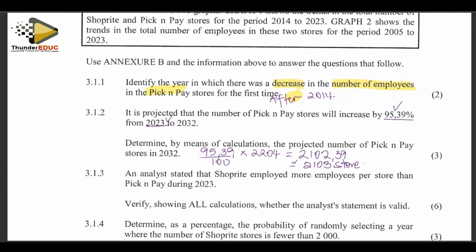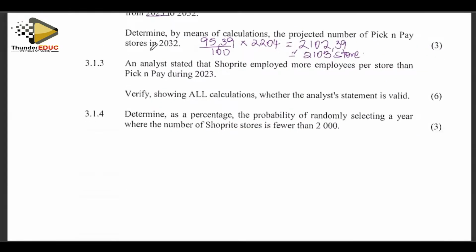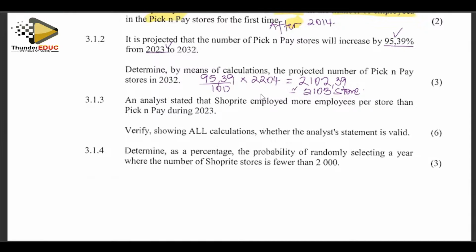Discrete data. All right. We look at that and we say, an analyst stated that ShopRite employed more employees per store than Pick and Pay during 2023. So take note, we are looking for employed more per store.